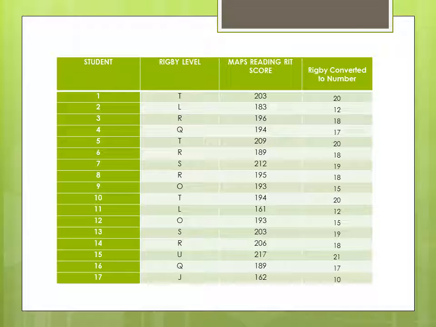You will notice that the Rigby level is in the first or second column, and it was converted to a number in the fourth column, and the MAPS reading RIT score obtained is located in the third column.